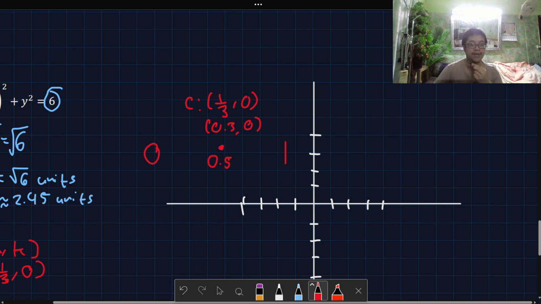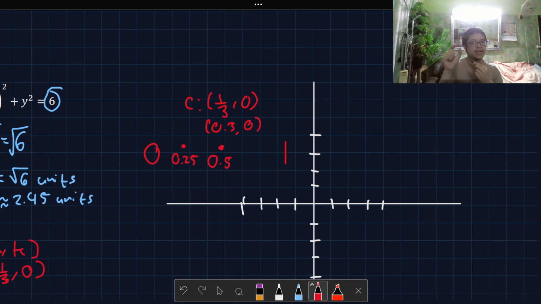Actually, the middle number of 0 and 0.5 is 0.25, which is closer to 0.3. So point being, we're going to count 0.3 units, which is very, very close to 0.